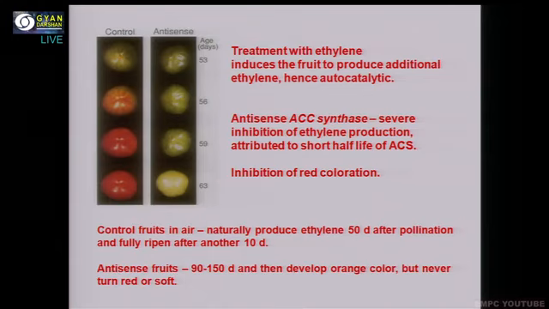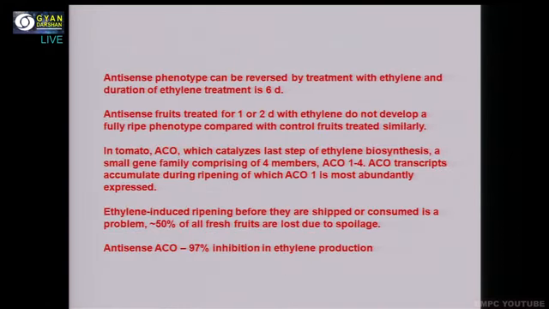That means the fruits remain healthy, they remain unspoiled for a longer time, and in that way you can increase the shelf life of the fruit. Similarly, if you see the ACC oxidase, people have also made antisense versions of the ACO, that is the oxidase gene, and similarly they have seen that the antisense version of this gene leads to 97% inhibition in ethylene production.